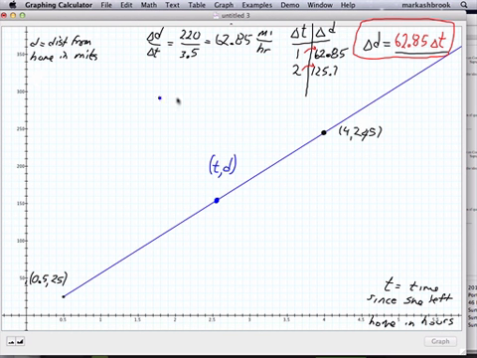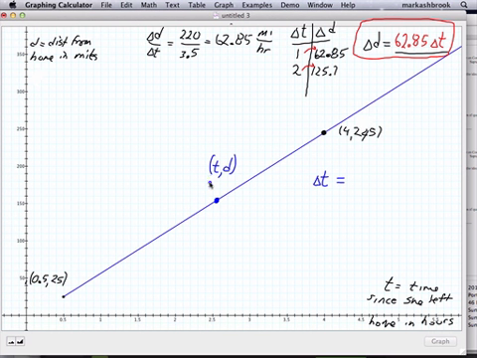Well, we can use all this stuff that we're learning to do that. The first thing we want to look at is we can pick a point. So we pick this starting point that we know, at half an hour and 25 miles from home. What is the change in time from that to t comma d? What change in time is it from 0.5 hours to t hours?